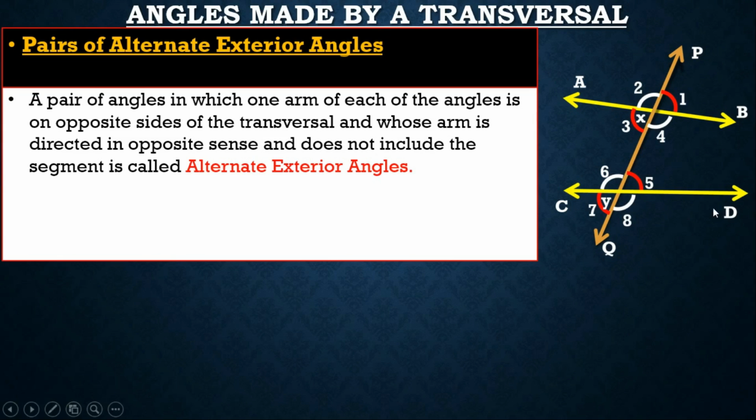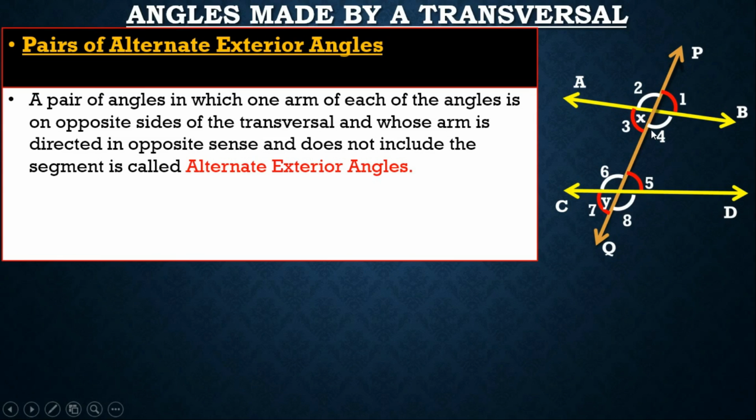Angle PXA and angle DYQ do not contain any line segment. This XY is the line segment. This line segment is not included by the arms of these two angles, angle AXP and angle DYQ.